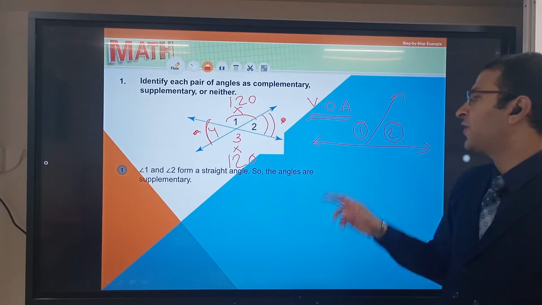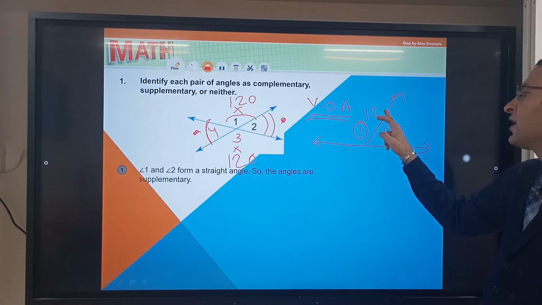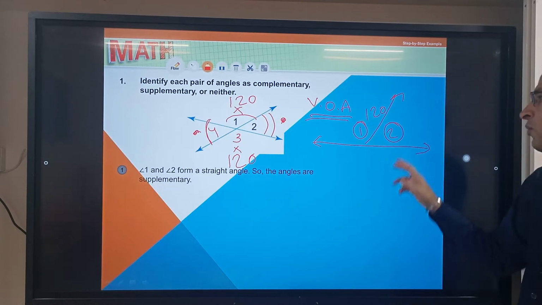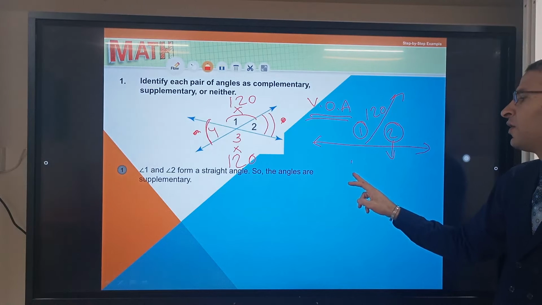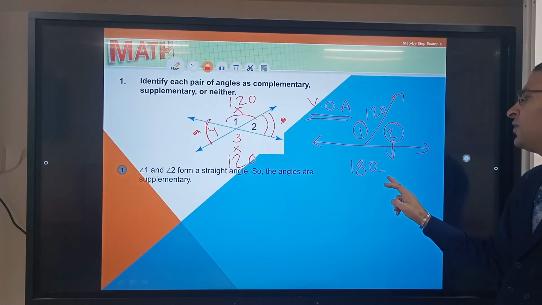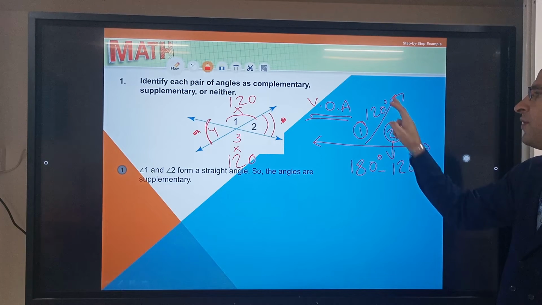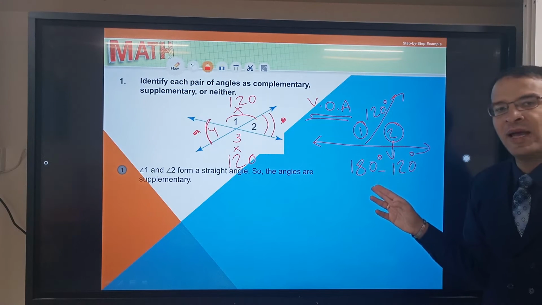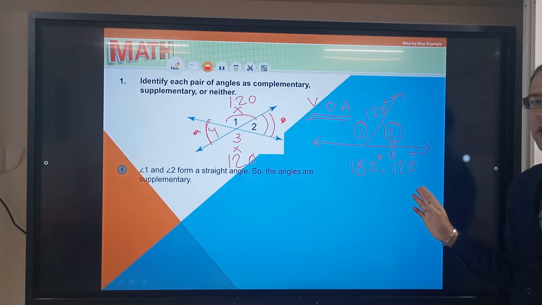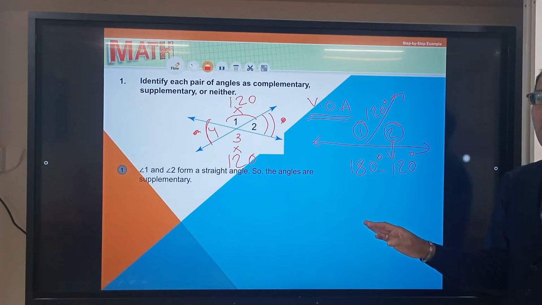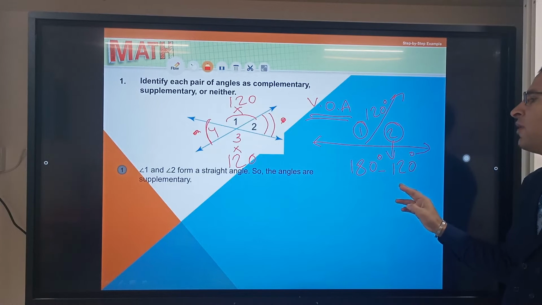I will find it this way: 180 degrees minus 120 degrees. We must put the degree sign on each one. If you need the supplementary angle, make 180 minus the given angle.